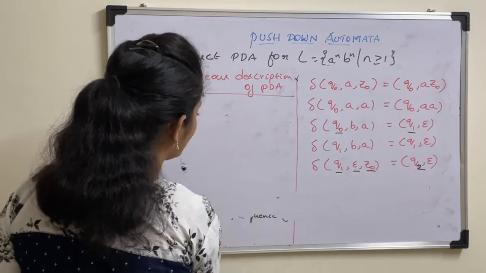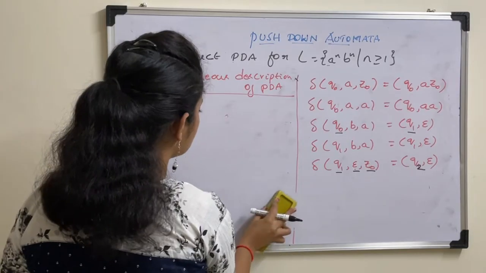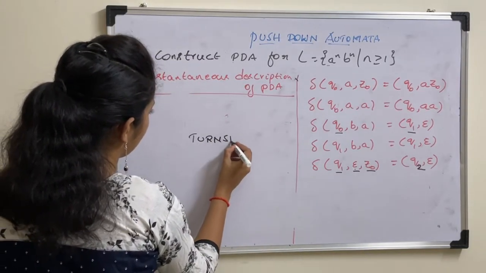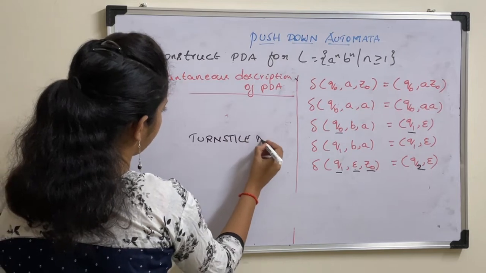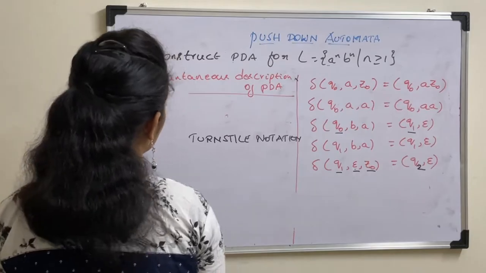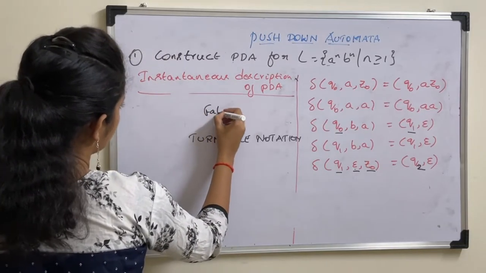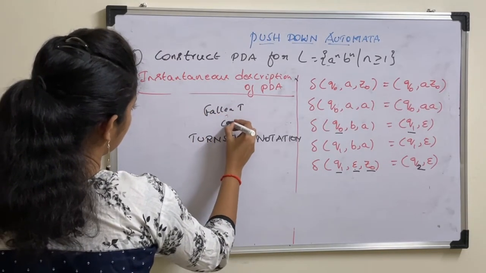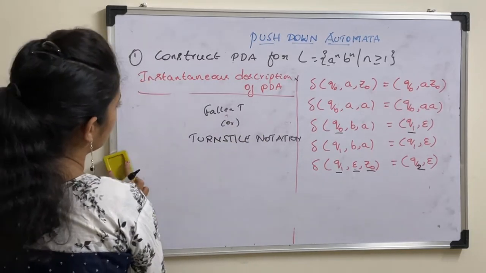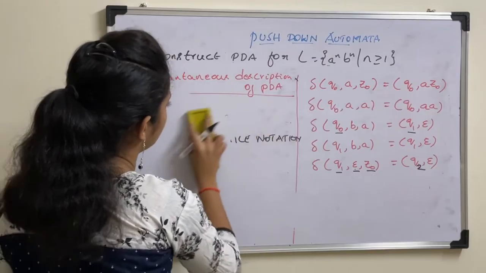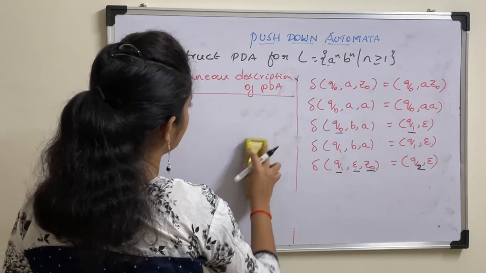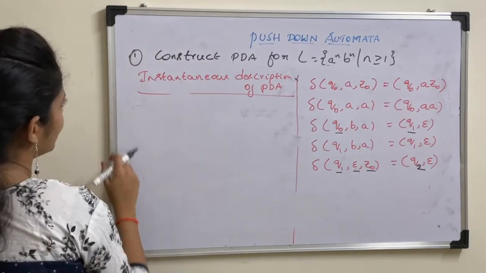So this turnstile is also known as turnstile notation. Now let us solve the problem. Let us check whether the string is accepted by the PDA or not.